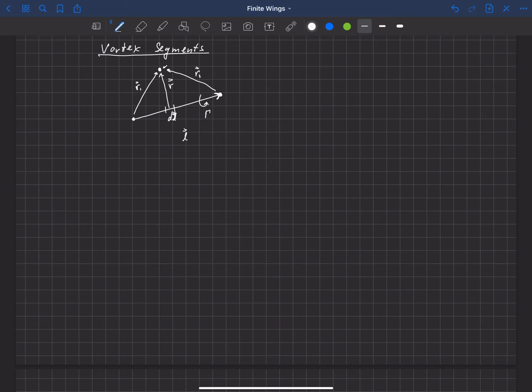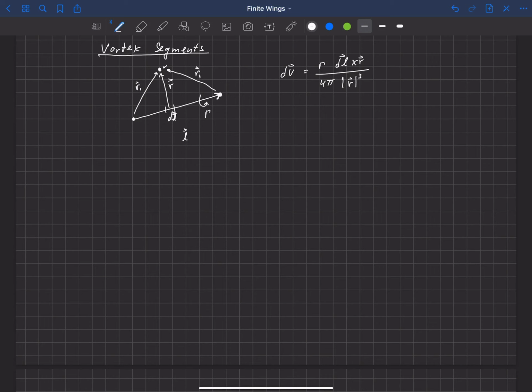Okay, so from the Biot-Savart law, we can say that the differential velocity that is induced at this point by this segment, we're just going to take this a differential segment at a time. The differential velocity produced at that point by that differential segment is equal to gamma over 4 pi, and then in the numerator we've got dl, the differential segment, cross r, and in the denominator we're going to have the magnitude of r cubed.